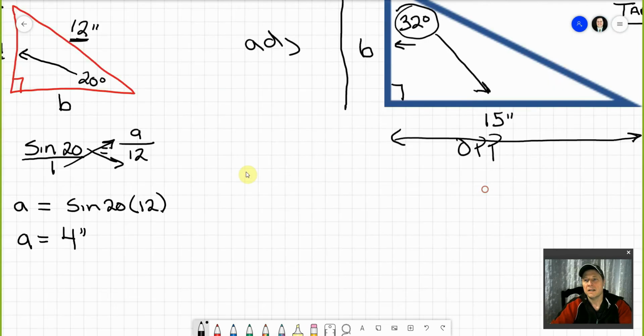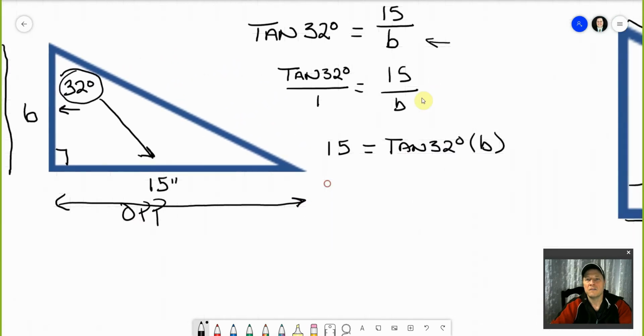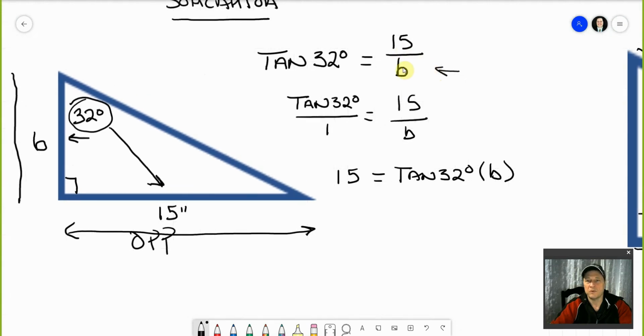If your unknown information is your denominator, these are the steps, the longhand way of doing this. So 15 equals tan 32 times b.